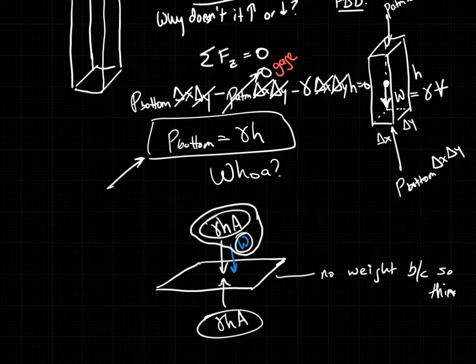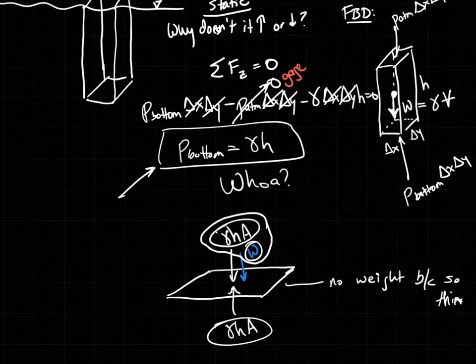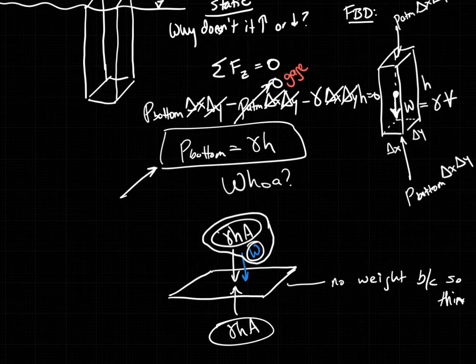The weight of the fluid above this sliver is what causes this pressure. So if you use both of these, you are double counting.